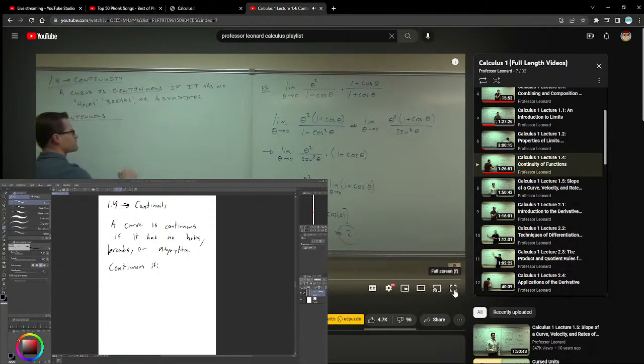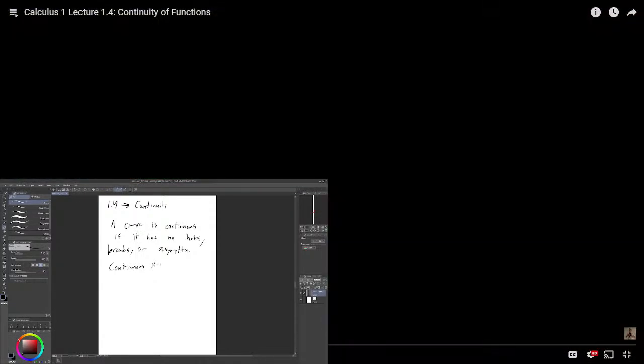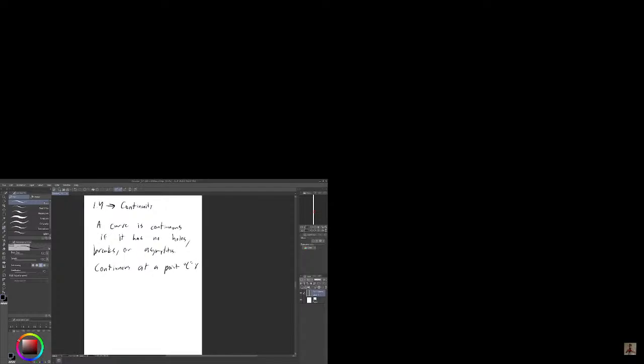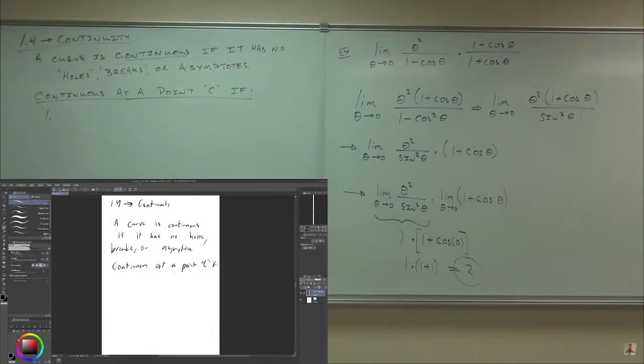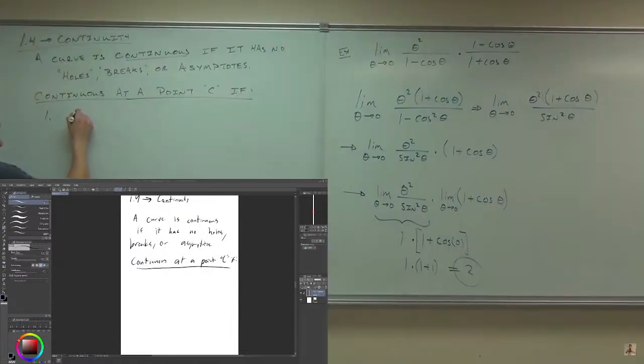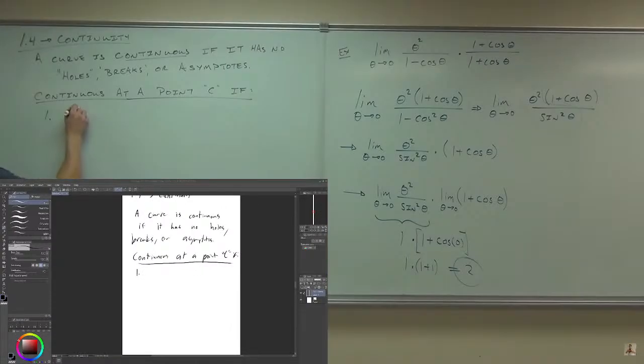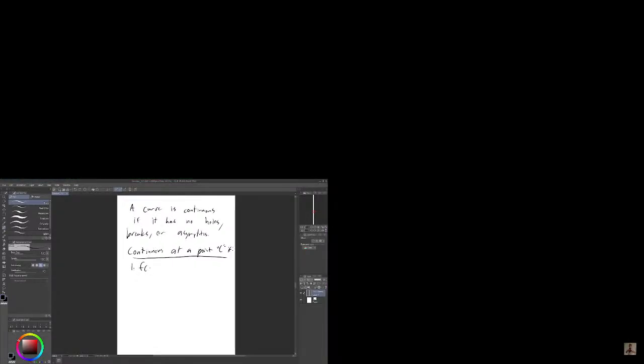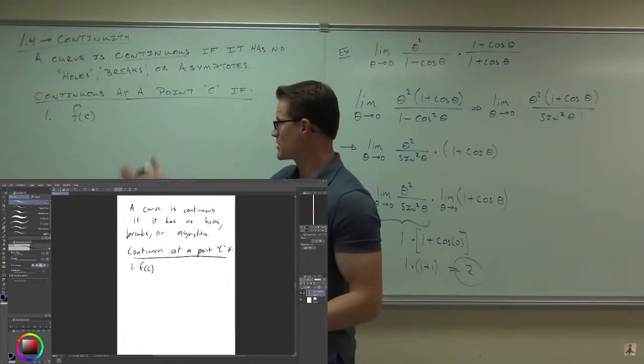So continuous at a point C if, firstly, I hope this makes sense to you. Firstly, if the function is defined at that point, this has to exist.